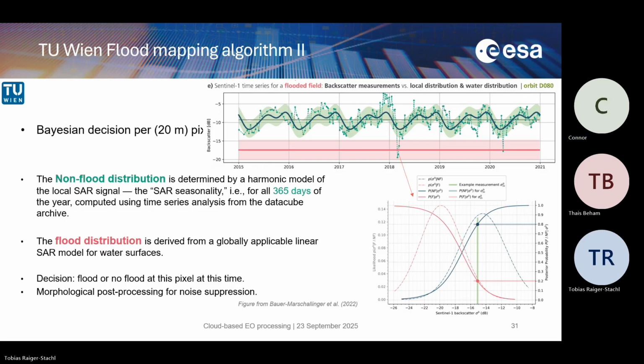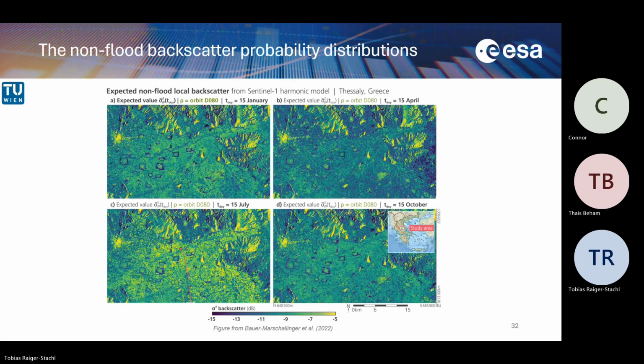Next one. Here it's just an impression of how the non-flood backscatter probability, so the harmonic model, looks. We have, of the same area, an image of the expected value from the Sentinel-1 harmonic model computed for the same area in January, April, July, and October.